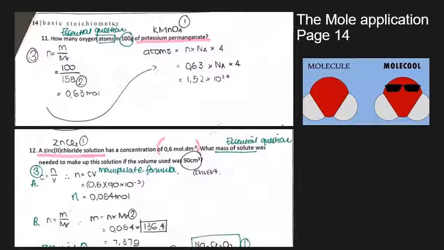Once you have the number of moles, you're going to use that value in your mole formula. So you're going to take the moles and times it by your molecular mass. And you should get an answer of 7.37 grams.